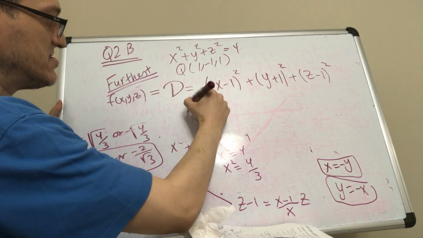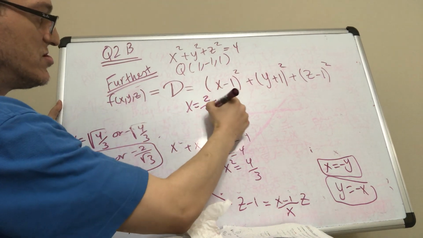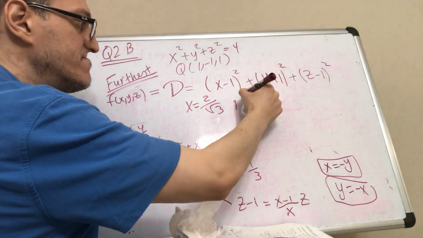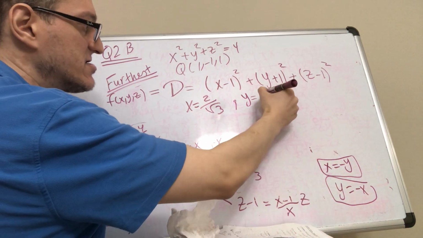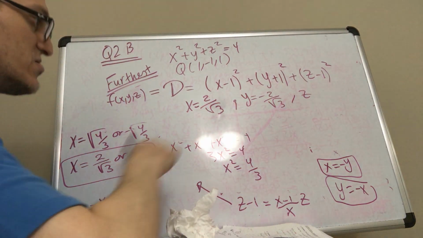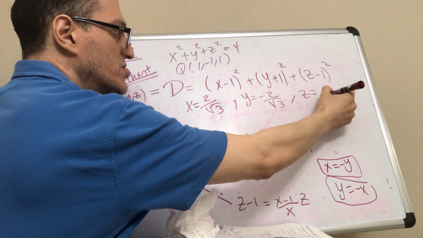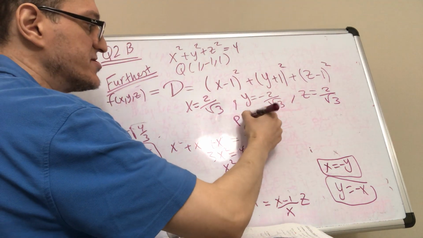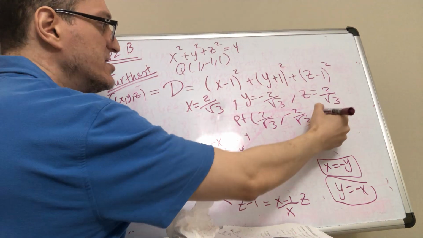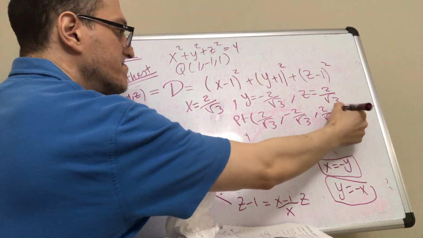If x is 2 over root 3, then y is minus x, so minus 2 over root 3, and z equals x, 2 over root 3, so we have this point: (2 over root 3, negative 2 over root 3, 2 over root 3).